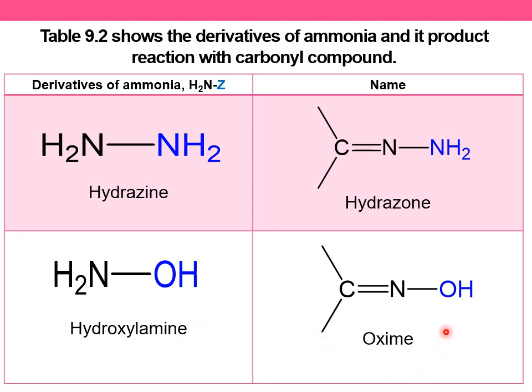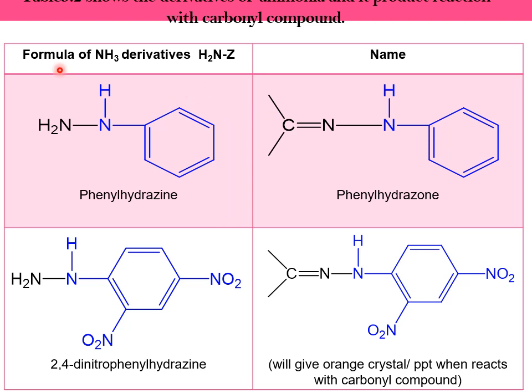It is going to form an oxime. Next is phenylhydrazine, because we have a benzene ring over here attached to the N. And when phenylhydrazine is reacted with any carbonyl compound, it is going to form a phenylhydrazone. This is the general formula.